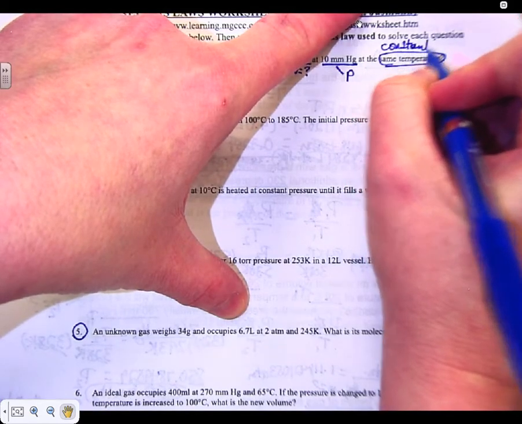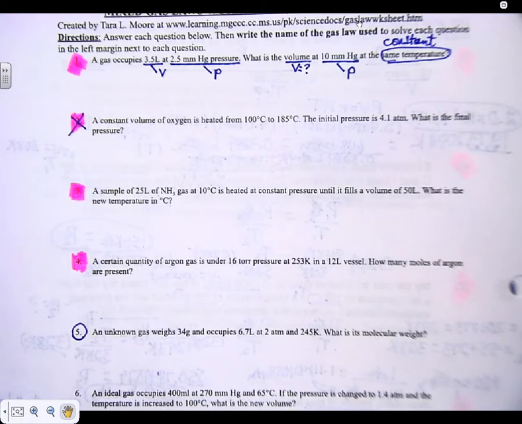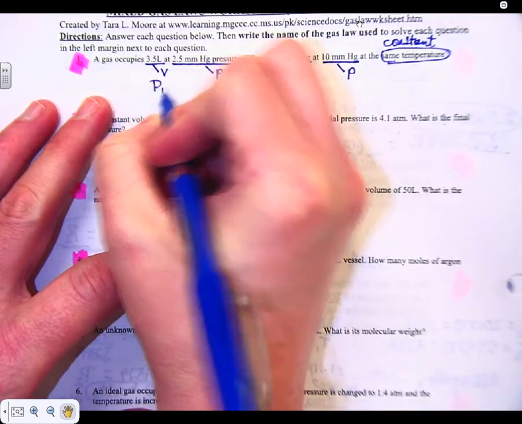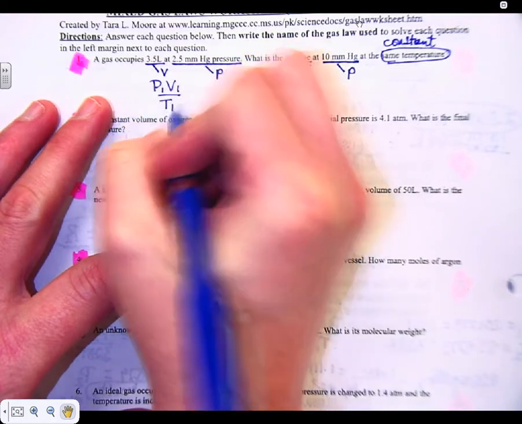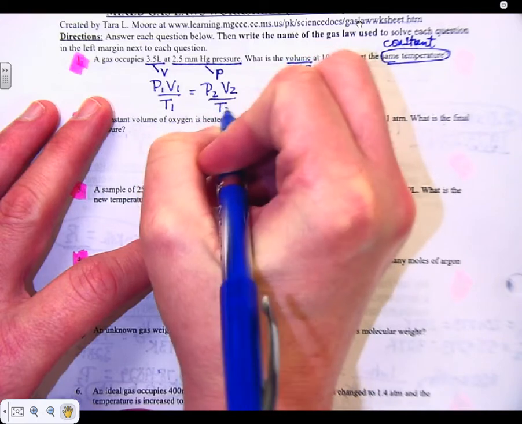So obviously here we are not going to use the ideal gas law that we talked about in the previous videos, because we would need moles, either grams or moles, and we don't have either one of those here. So we know then that we're probably going to use the combined gas law, which is P1 V1 over T1 equals P2 V2 over T2.